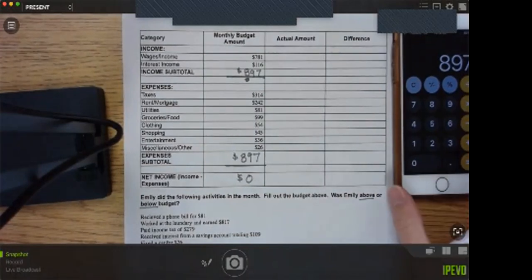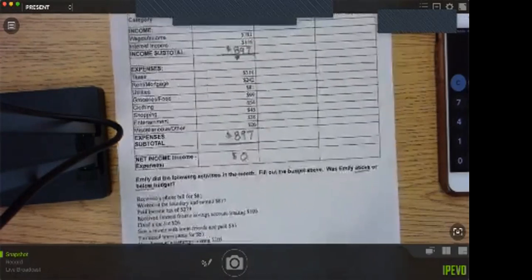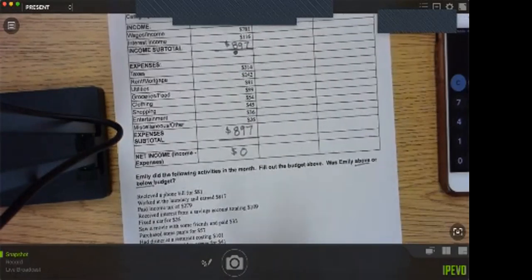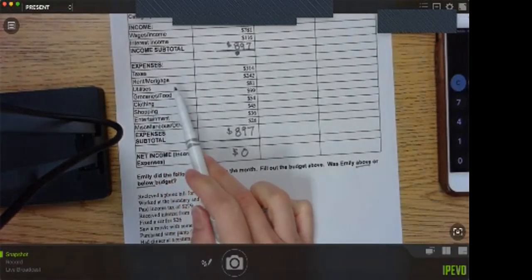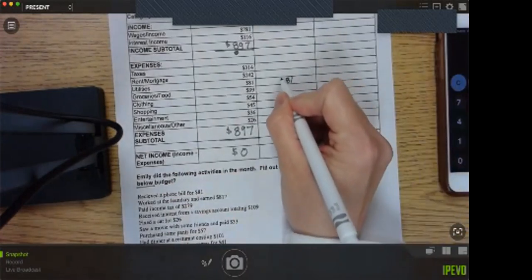So the first thing that we need to see is down here, we're gonna see all the things she spent. So she received a phone bill for $81. So let's look for utilities, because that is a utility, $81.